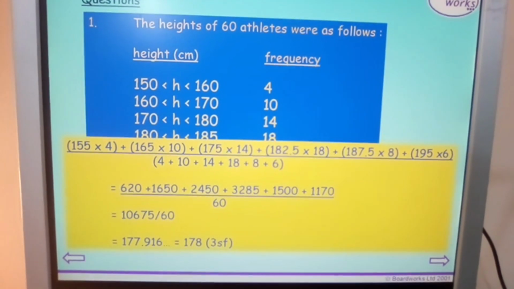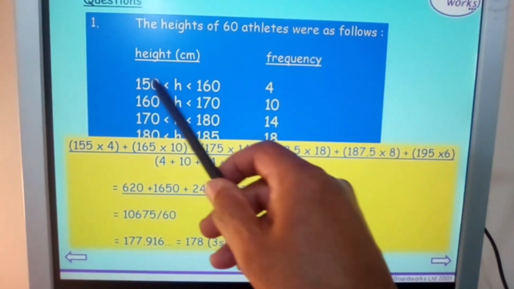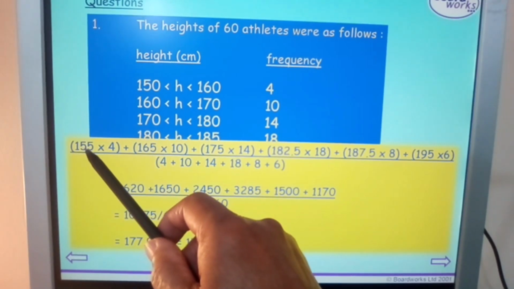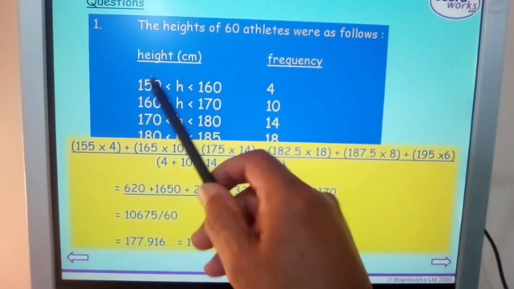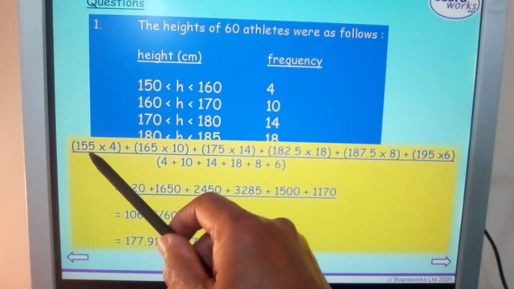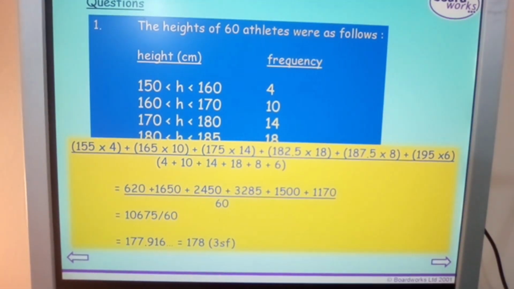And again here we've had to add these figures together, gives us 155 divided by 2. So add them together, divide by 2, gives you 155 times 4. And that's the result you can see coming up.